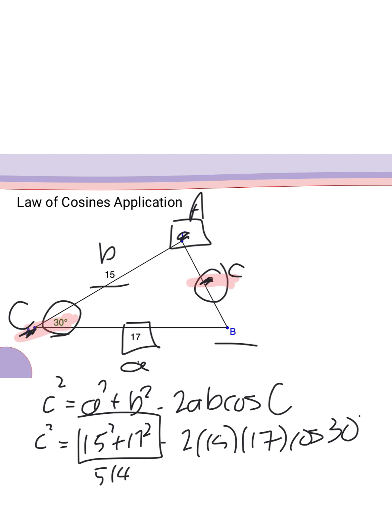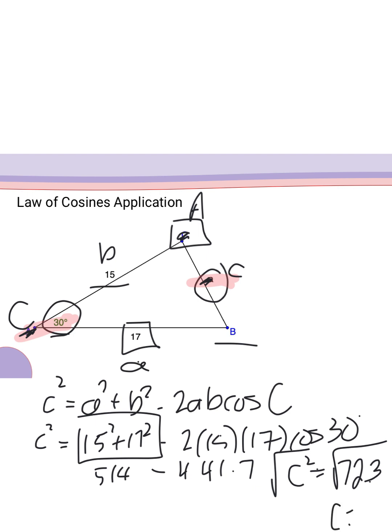The negative 2 times 15 times 17 times the cosine of 30 gets me negative 441.7. We'll round it there. So then when I do 514 minus 441.7, I end up with c squared equals 72.3. And as usual, we take the square root to get my final answer here. And so c in this case would be 8.5.